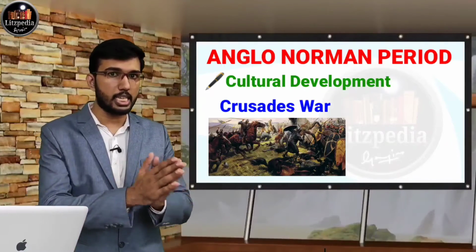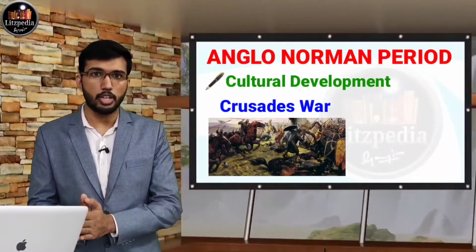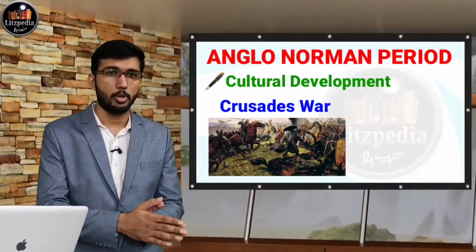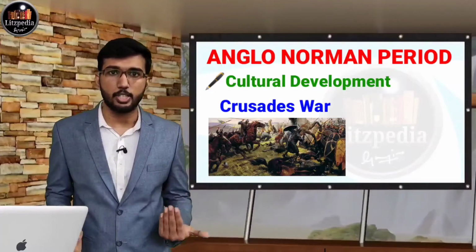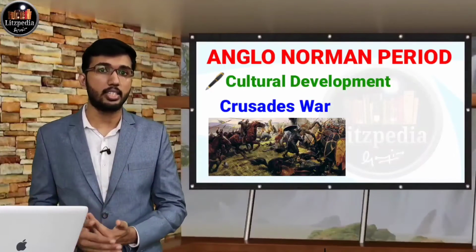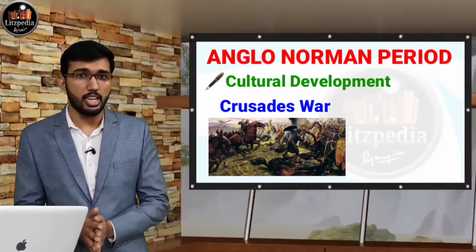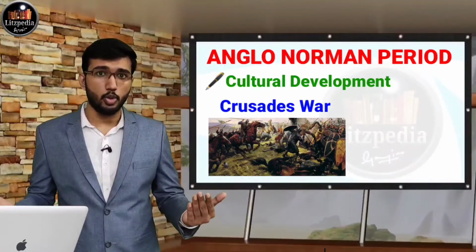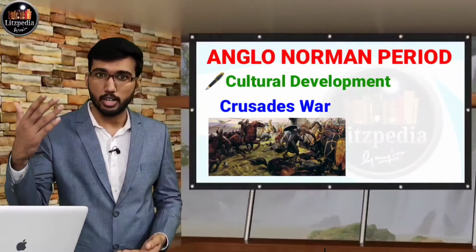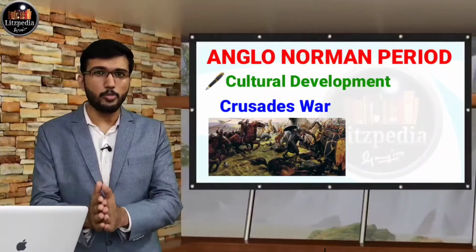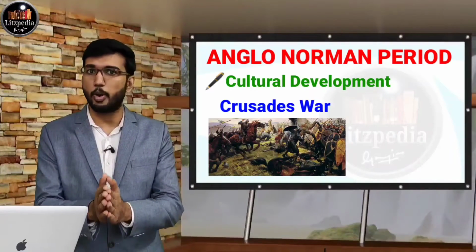Many of the eastern parts of the world were conquered by rulers belonging to other religions. According to these Christian people, many of the lands were holy lands in their Bible. So they had a purpose to retain those lands from Islamic rule. That's how the Crusades started, and because of this war there was a benefit to the people of Britain.